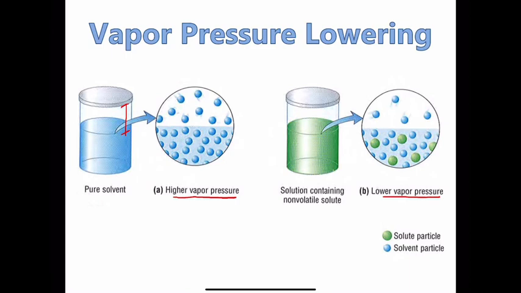In the first picture, the liquid and the vapor above it are in equilibrium. But when we add that solute in the second picture, that equilibrium is disrupted. These water molecules, the solvent here, are going to want to pair up with the solute.